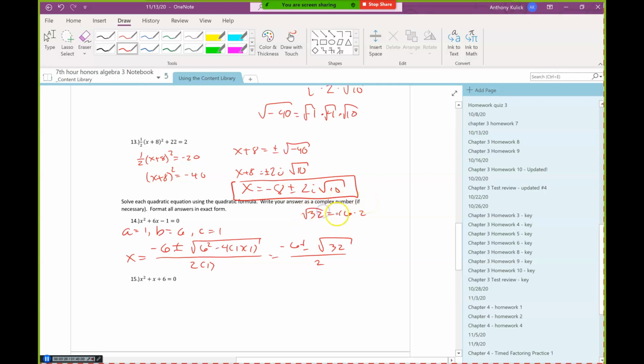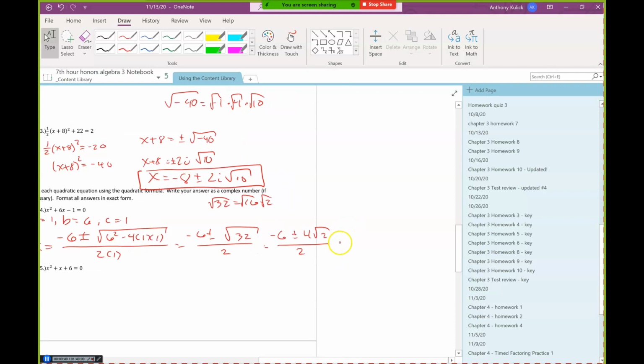So the square root of 32 is the square root of 16 times the square root of 2. And the square root of 16 is just 4. So if you think of this as two fractions, negative 6 over 2 becomes negative 3, or minus, and then 4 root 2 over 2 becomes 2 root 2. And that's our best that we can do.